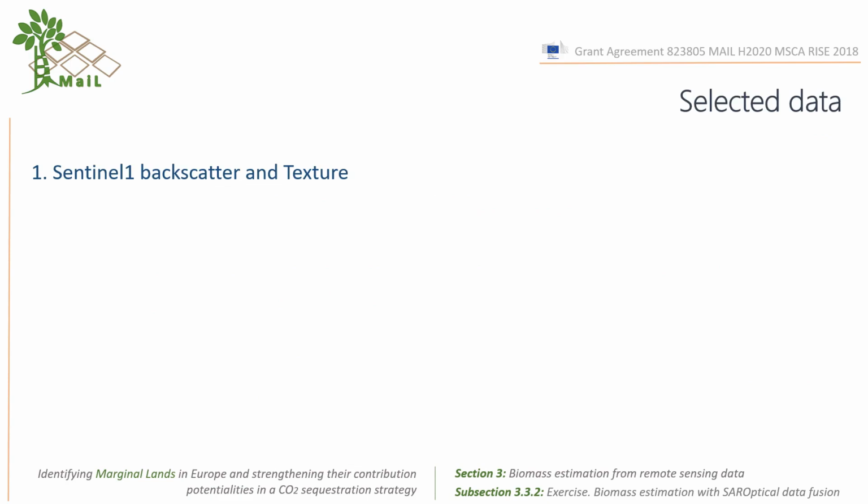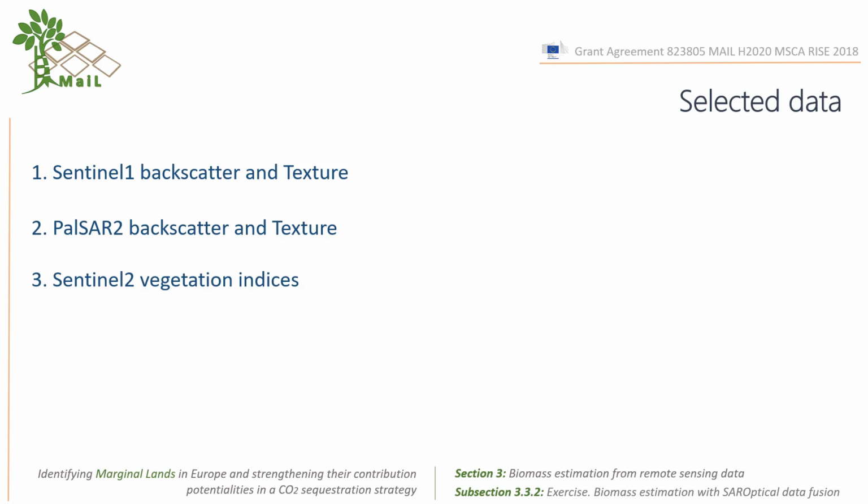The above scientific works have guided us in considering layers from Sentinel-1 backscatter and texture, PALSAR-2 backscatter and texture, which is from the Advanced Land Observing Satellite 2, called ALOS-2, and Sentinel-2 vegetation indices, and also auxiliary data, which is very important, like land use or land cover map or digital elevation model.